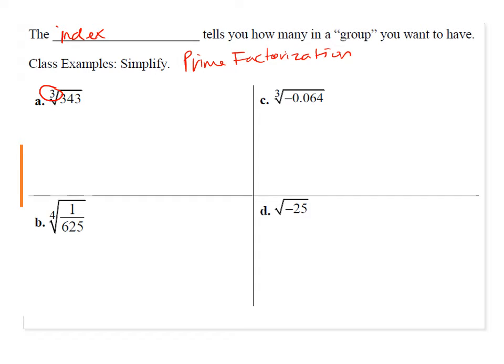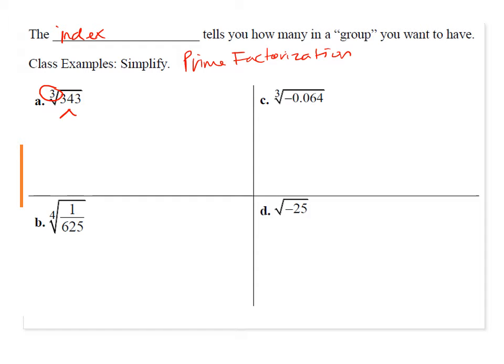What multiplies to make 343? A good thing to think about is your multiplication table: what multiplication values end in a 3? Have a 3 in the ones place.